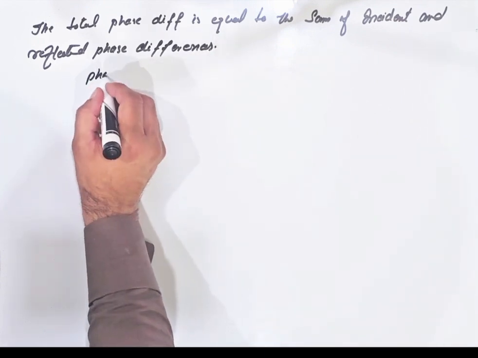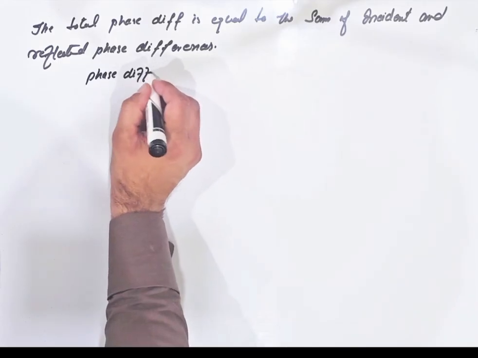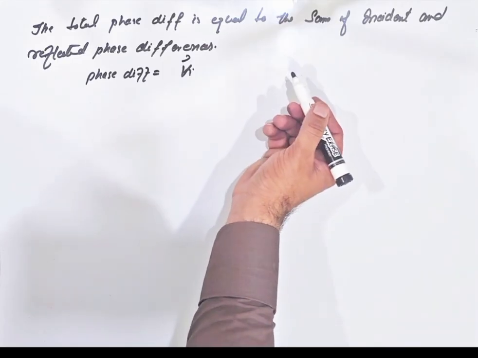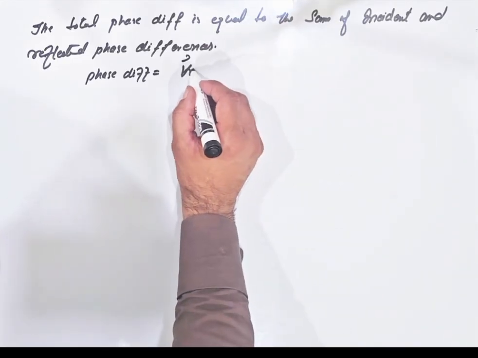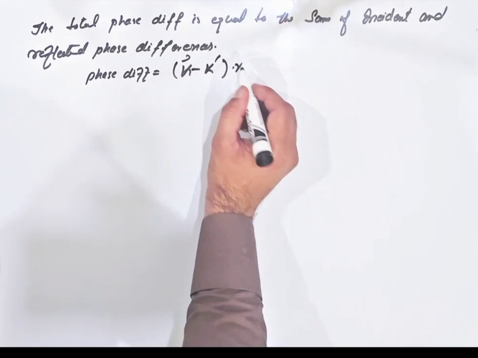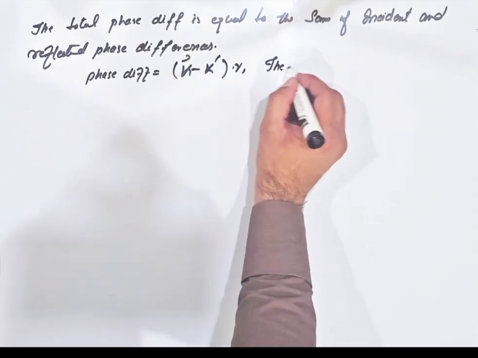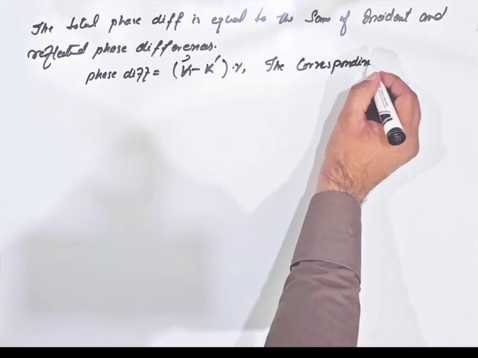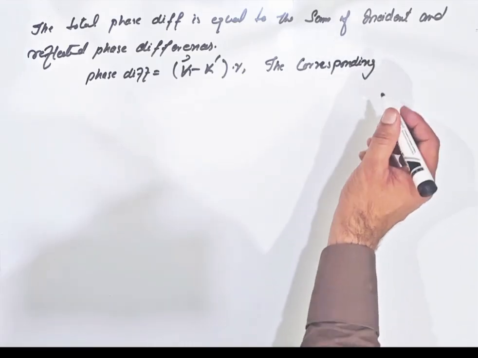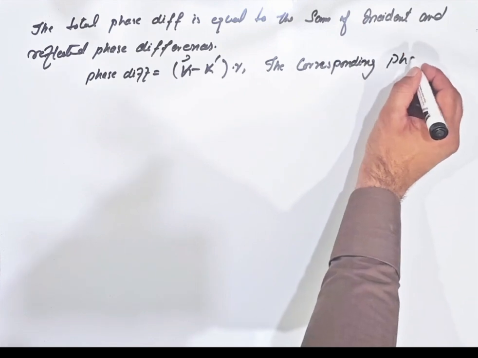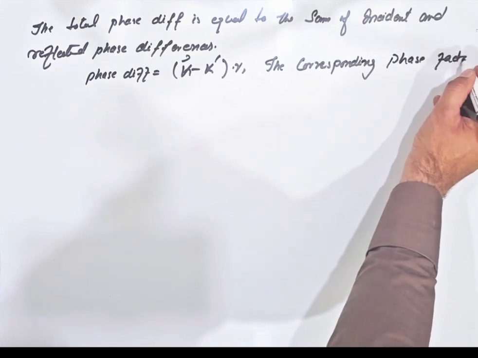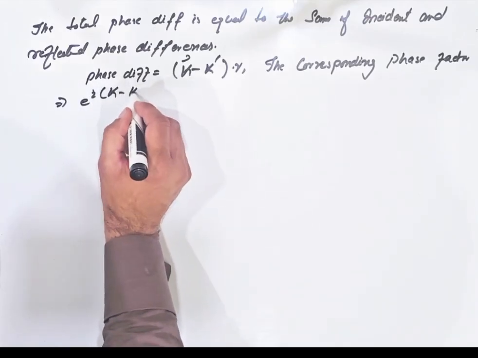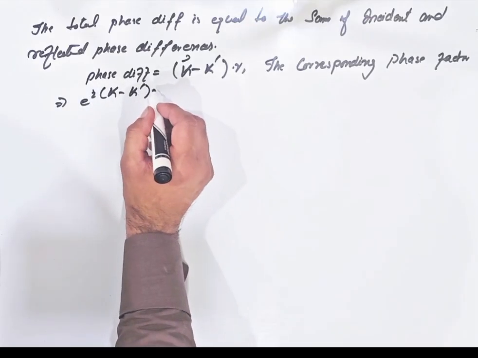Thus the total phase difference is equal to k dot r minus k prime dot r, which is k minus k prime dot r. The corresponding phase factor is e to the i k minus k prime dot r.